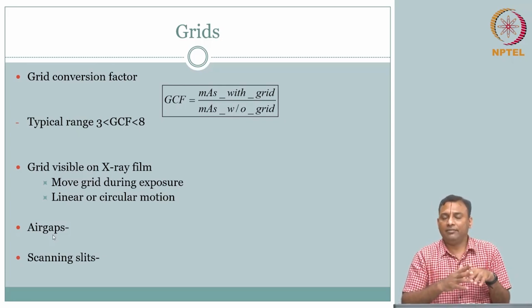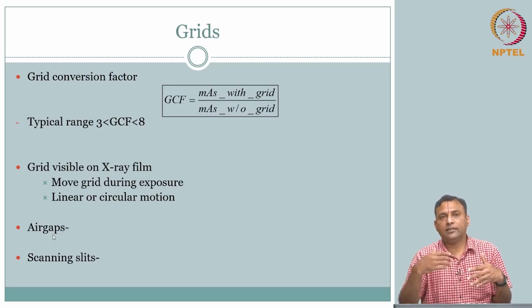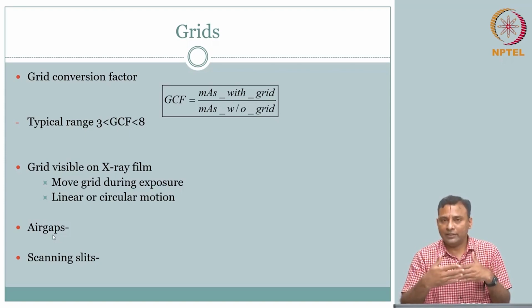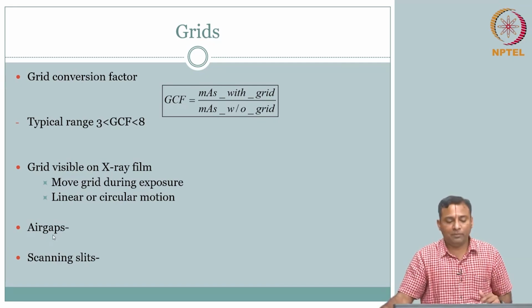Of course, this is not so great, because you will see that it also affects the signal and the contrast, and when we talk about imaging, the effect due to this distance between your object and the detector in terms of magnification will all come into the picture. So it's okay, it's a slight maneuvering, but it's not that great.